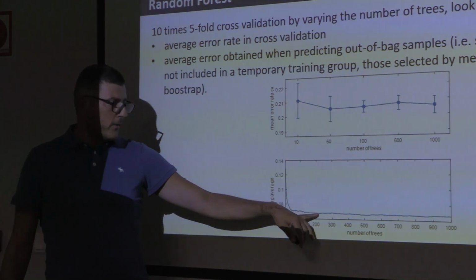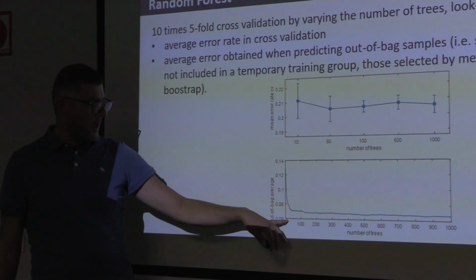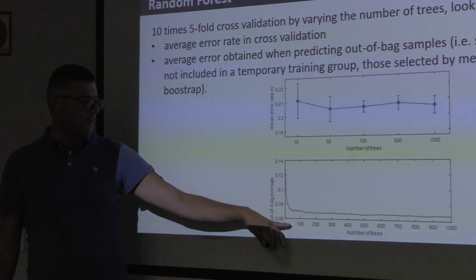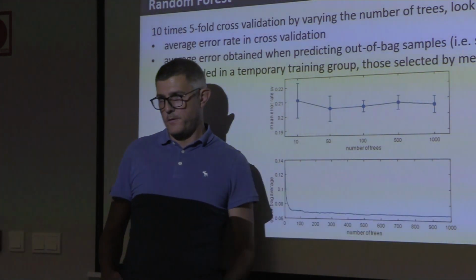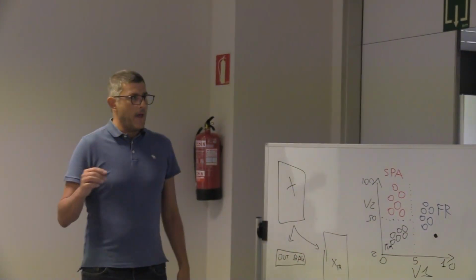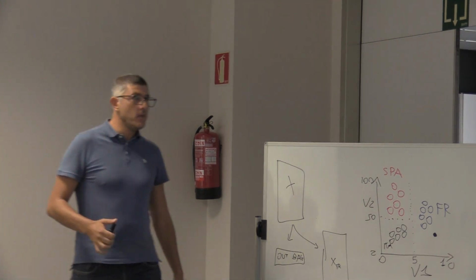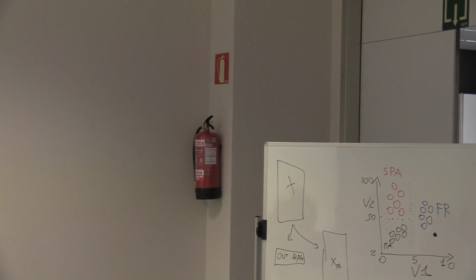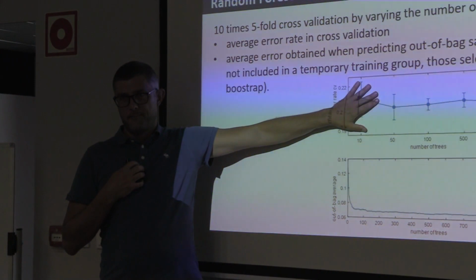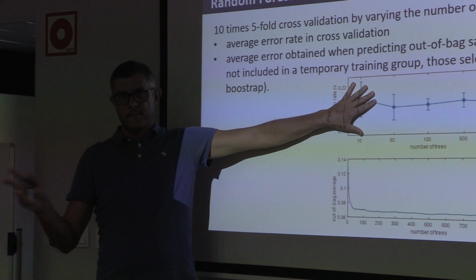If I see this plot, again, I would never select a low number of trees, but there is not so much difference using 100 or 1,000 trees. So it's another way to select the optimal number of trees, even if what I trust more is the cross-validation I do, because I'm sure here that samples are left out and predicted.